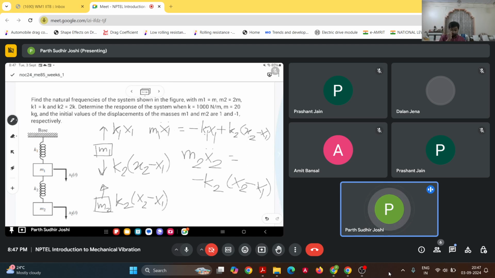Now you can rearrange the terms and write the equation in matrix form.